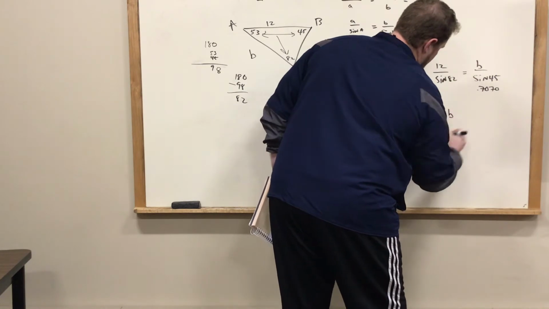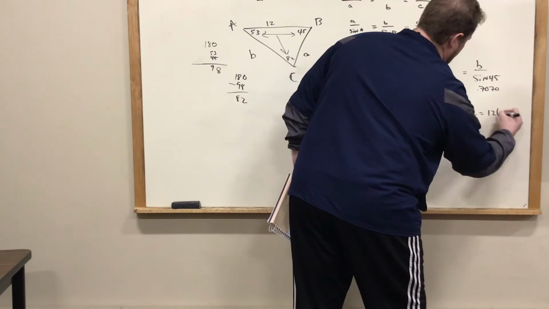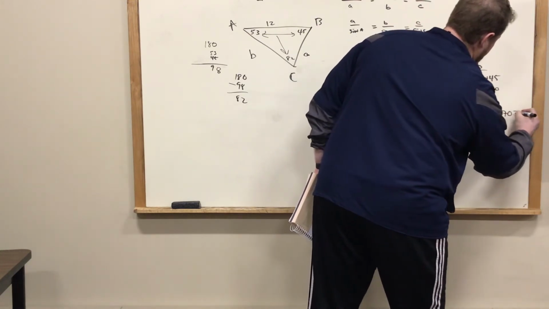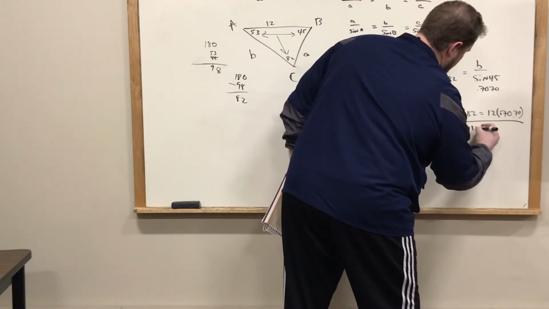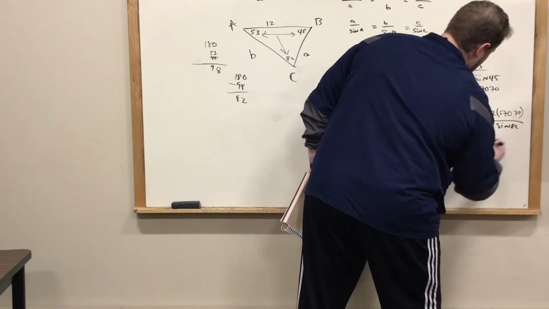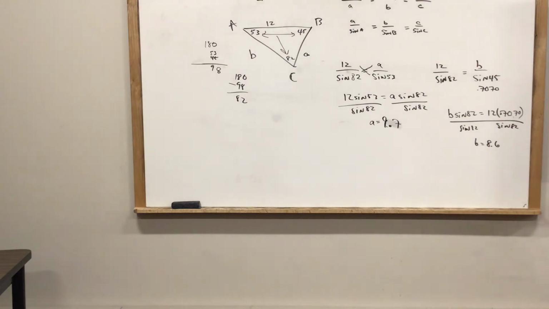So we're left with b times sine 82 equals 12 times 0.7070, and we divide by sine 82, and that's going to be b equals 8.6. So once again, what you're doing is taking information, plugging it in, and using your appropriate sines to solve that type of problem. So that's law of sines.